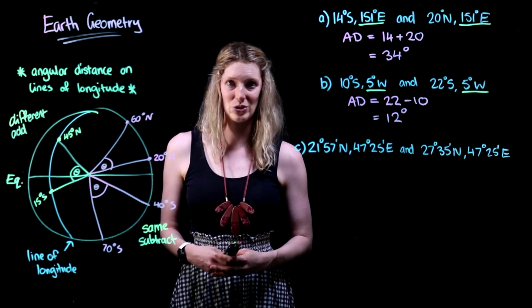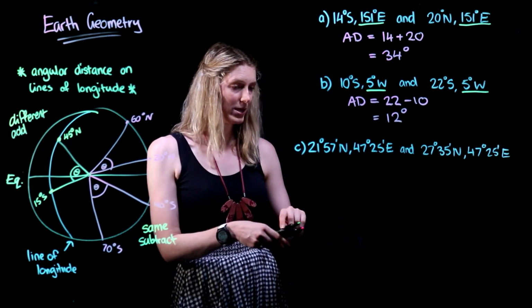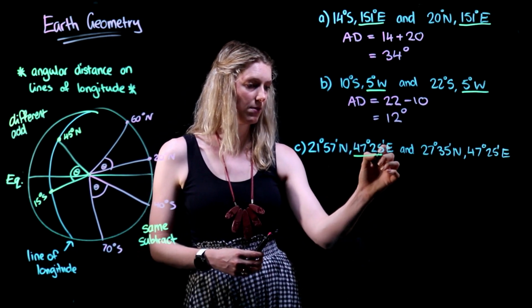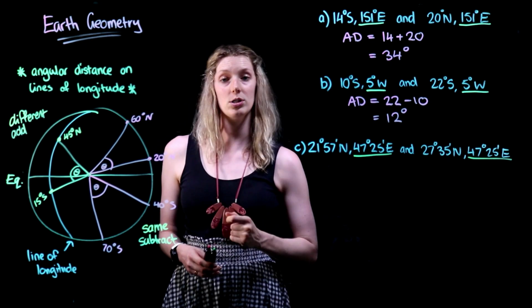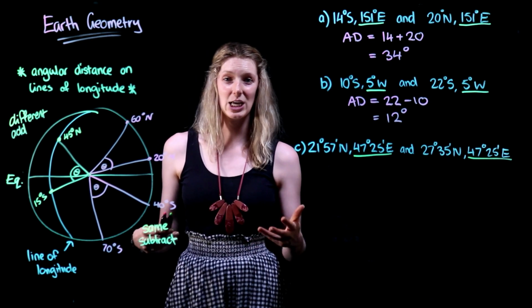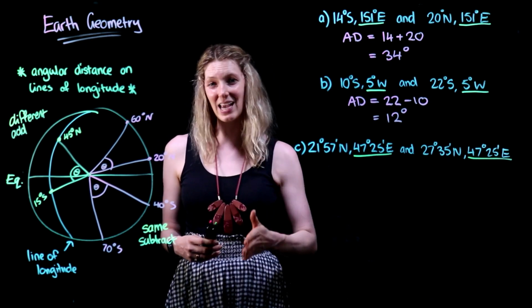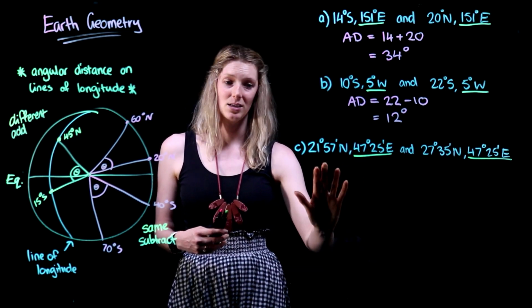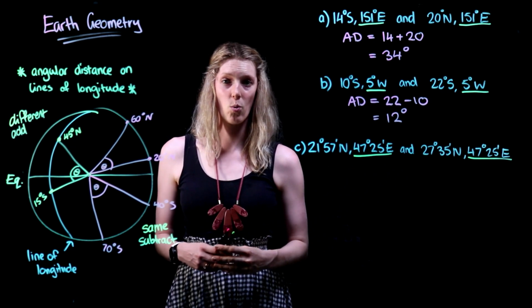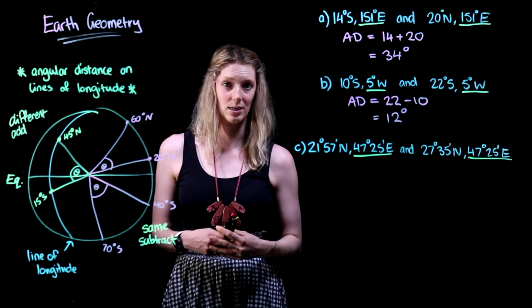Our starting process, however, regardless of how we've been given the coordinates, is going to be the same as our previous two examples, whereby we can see that we have 47 degrees and 25 minutes east that are common across both locations. Again, confirming that we're working on that same line of longitude. So we are looking at these starting values for each of the coordinates to see if we're adding or subtracting.